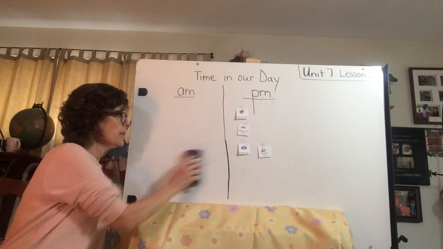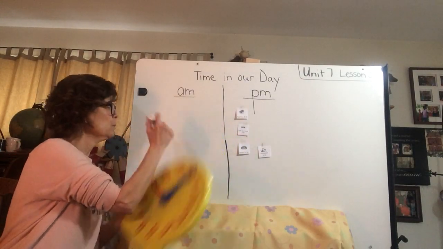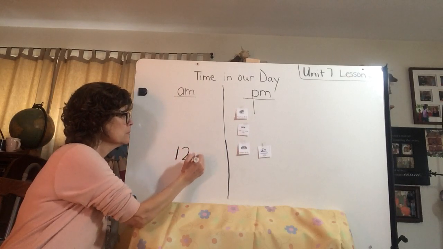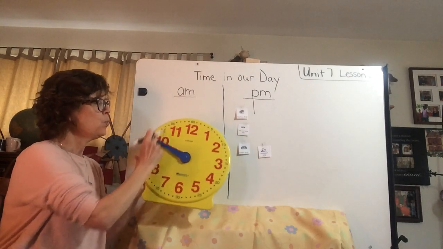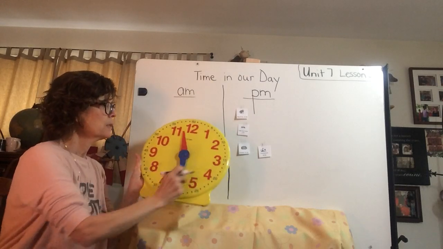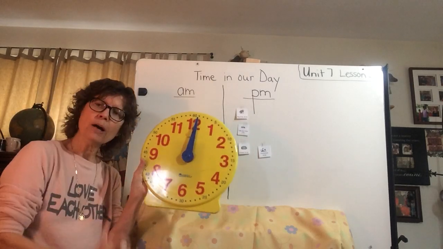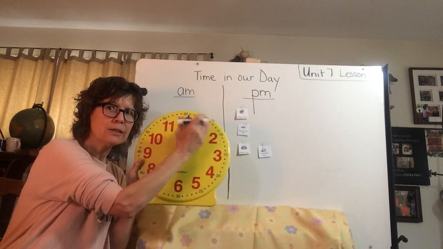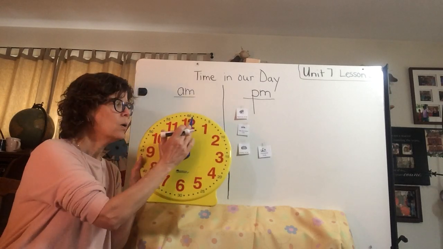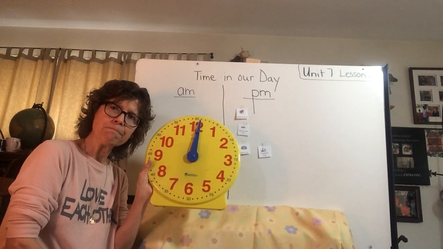And our last one. 12 o'clock. And 12 o'clock could be in the morning when everyone's sleeping, where it's starting a new day at 12 o'clock, or it could be lunchtime.